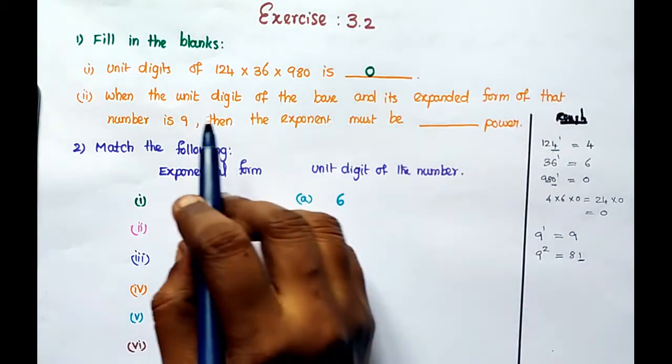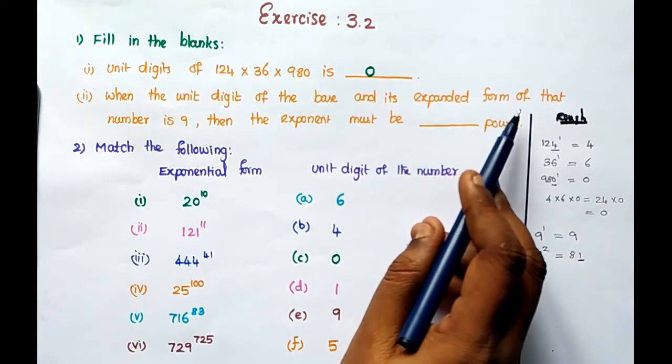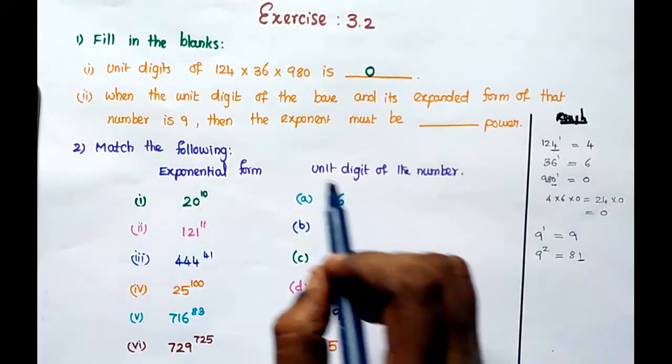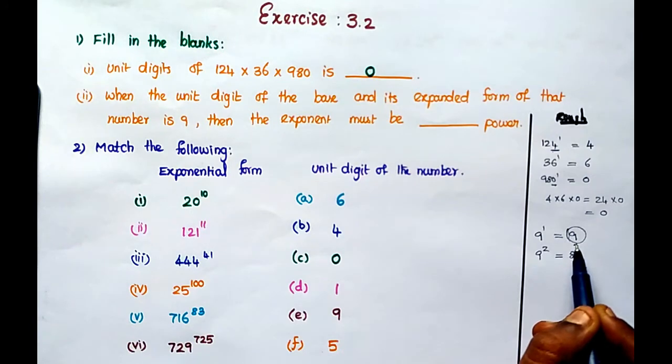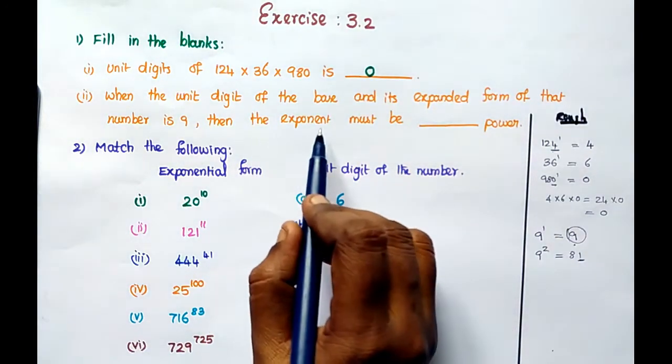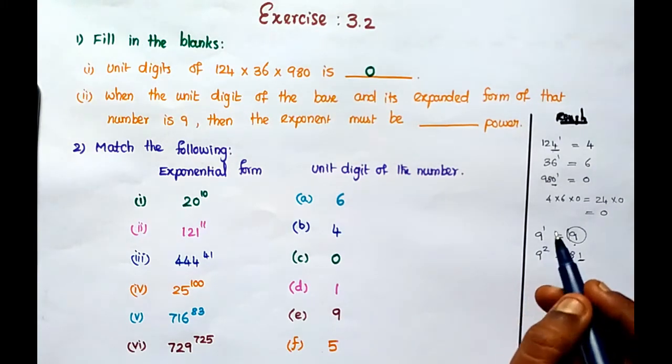So listen here, the unit digit of the base in the expanded form of the number is 9. Then the exponent, the power, must be an odd power, right?